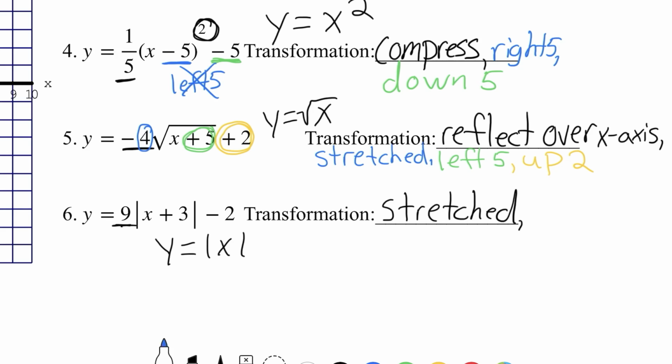We're looking on the inside with the x. We have +3, doing the opposite of that sign, so we're going to go left 3. And then we have subtract 2 or -2 outside. Outside is going to affect the y, so we're going to be going down 2. So that would be the transformation for 6.